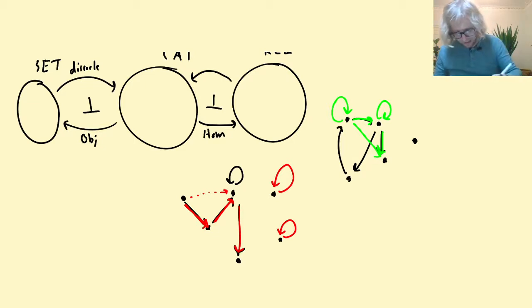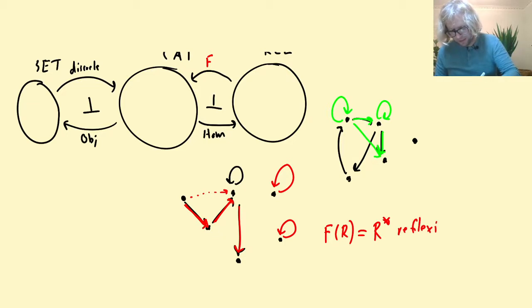So this is our F, and then F of R is going to be R star, which is the reflexive transitive closure of R. And this star here is meant to be the Kleene star from automata theory, right?